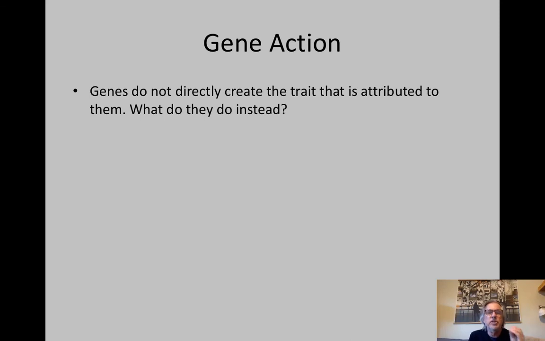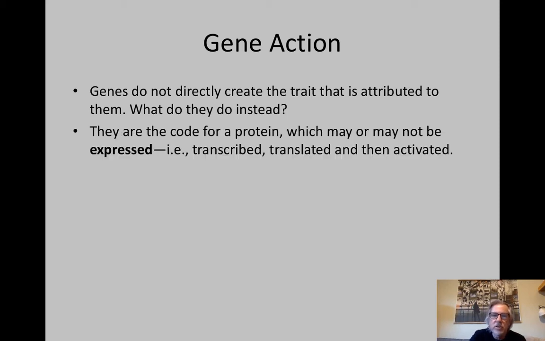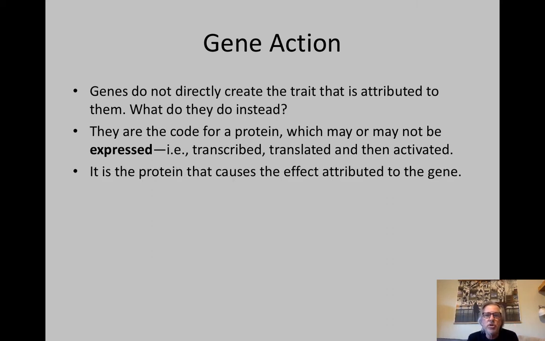You know, because of your study of transcription and translation, that genes do not directly create the trait that is attributed to them. What do they do instead? They code for a protein which may or may not be expressed, that is transcribed and translated and then activated. And it is the protein that causes the effect attributed to the gene.